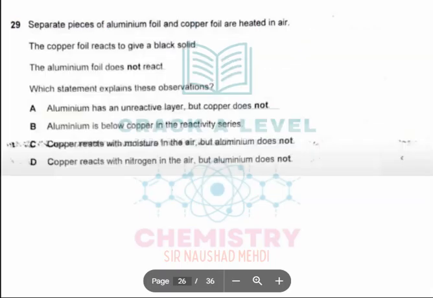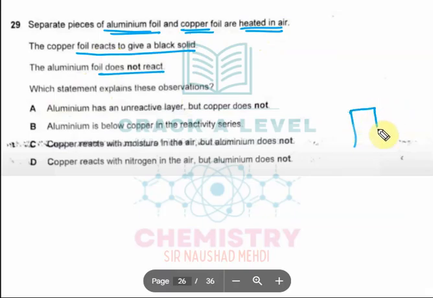MCQ number 29. Separate pieces of aluminium foil and copper foil are heated in air. The copper foil reacts to give a black solid. The aluminium foil does not react. Which statement about these observations is correct? Aluminium always has a protective layer around it, made of aluminium oxide.